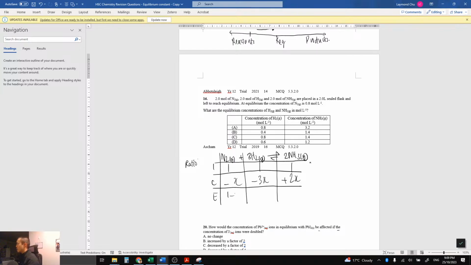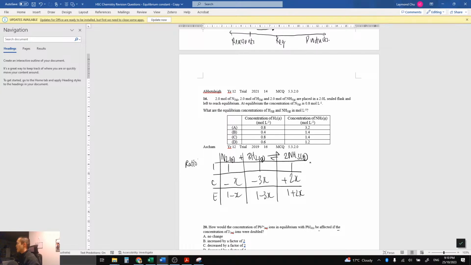So that will be 1 minus x, 1 minus 3x, and 1 plus 2x. Now x is just an amount based on the same ratios between your reactants and product. Okay, so we need to find x, so we can then find the concentrations of H2 at equilibrium and NH3 at equilibrium.